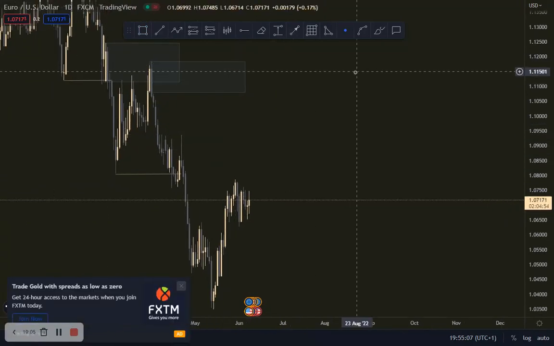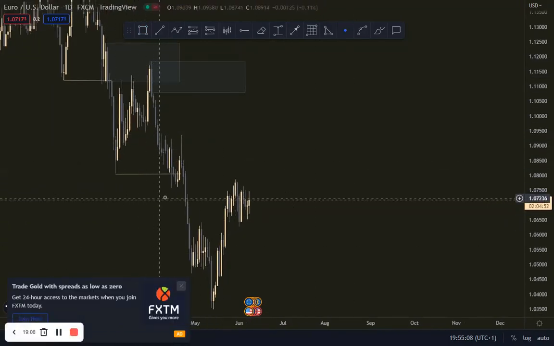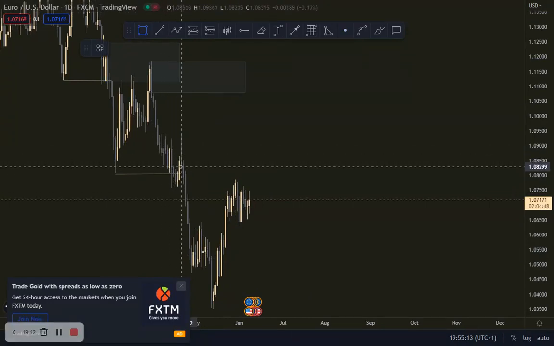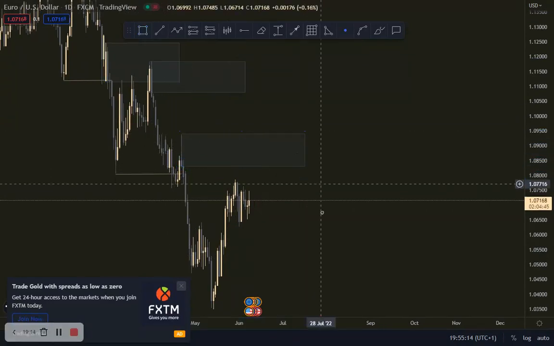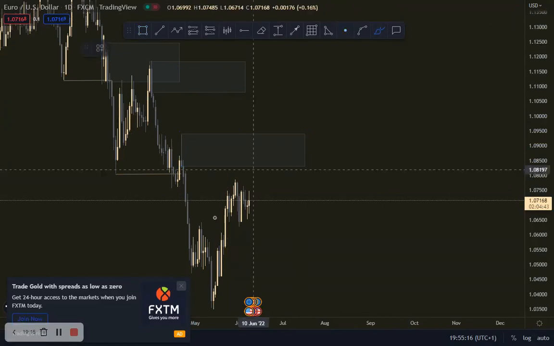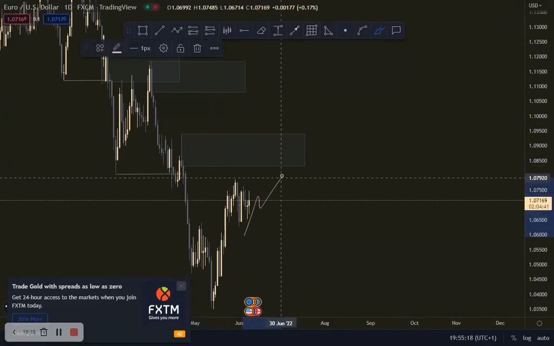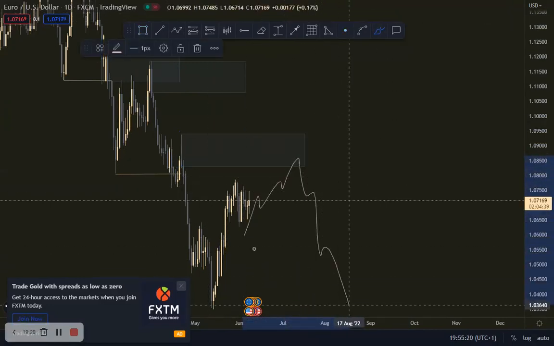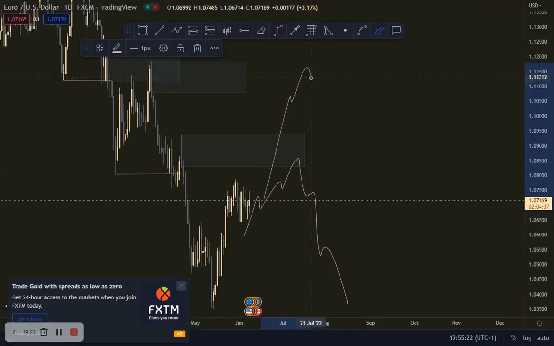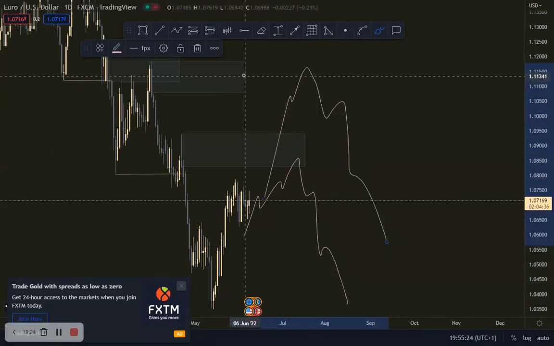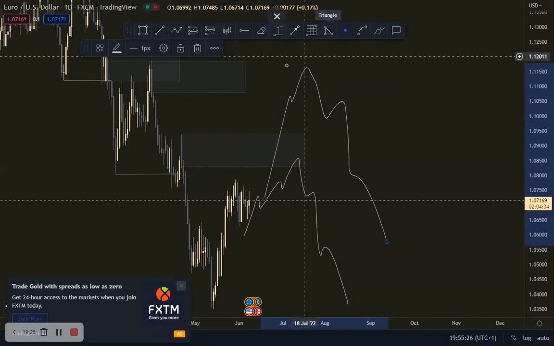So we're expecting price to either come up to this area, tap here and drop, or tap this one and continue in its direction.